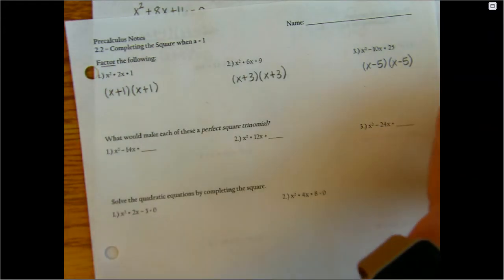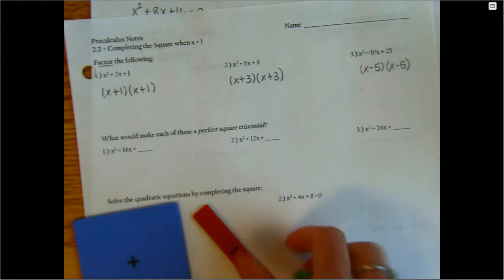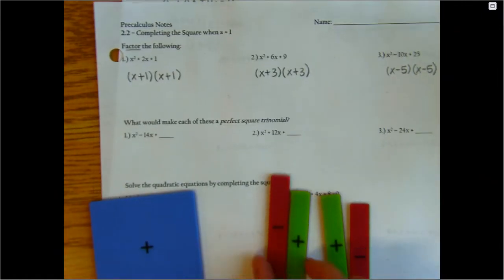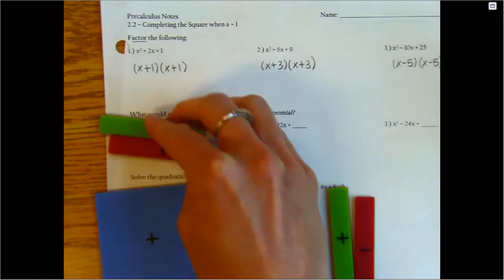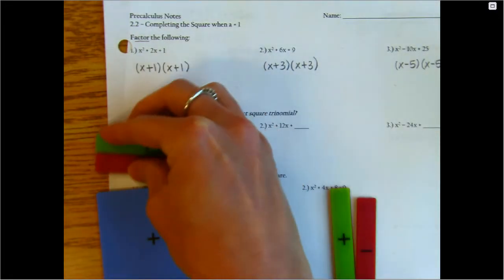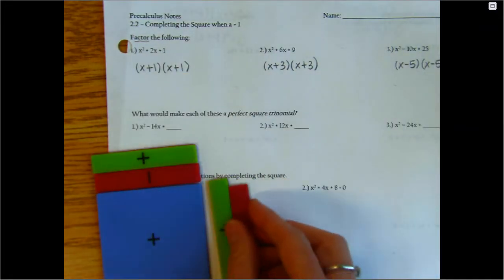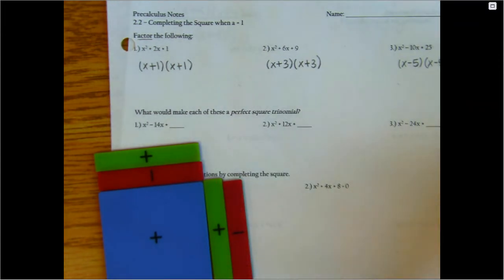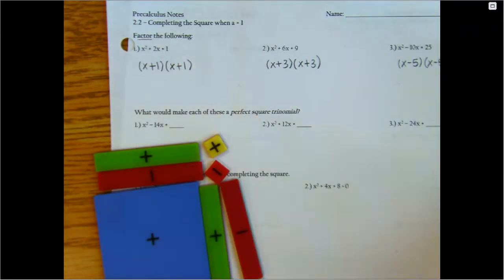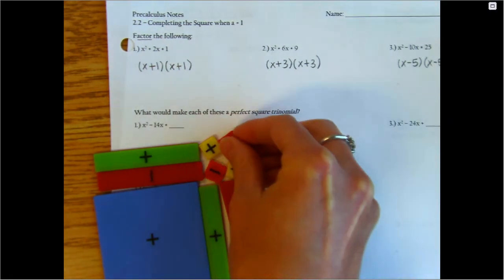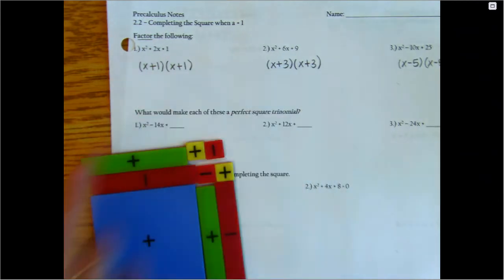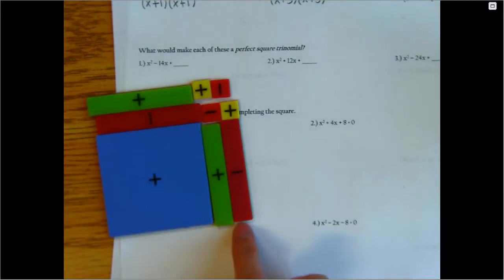But if we think about what we did, when I did x squared plus 4x, the way that I completed the square was I took these 4, and I split them in half and added them to either side. And then again, I added these 4 squares here. And the reason there were 4 of them, the area of the square is 4 because it was 2 times 2.